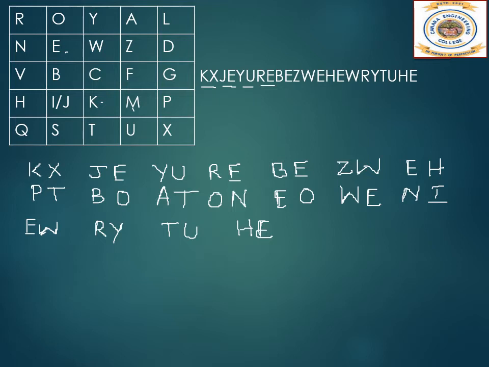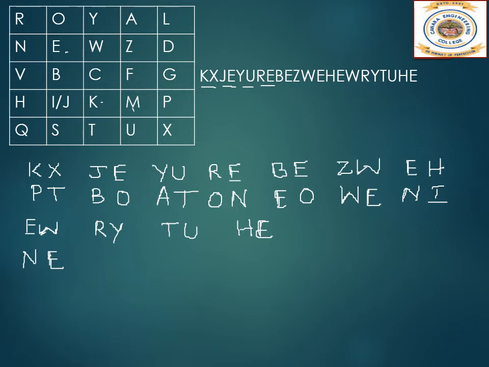E and W. For E I have to write N. For W I have to write E. Then R and Y. Where is R? R is here, R and Y. It is in the same row.